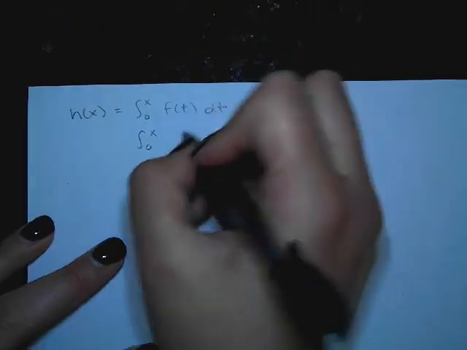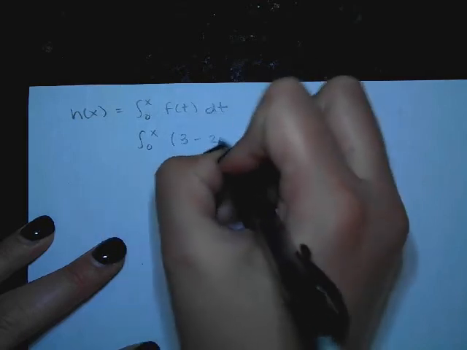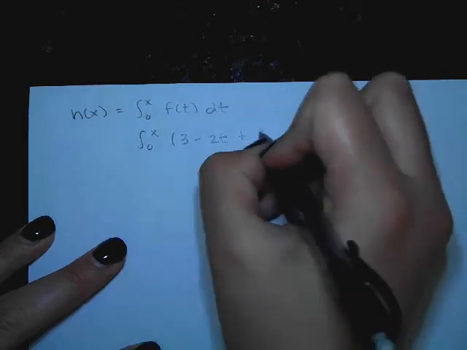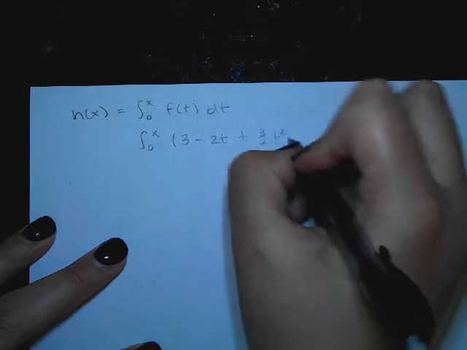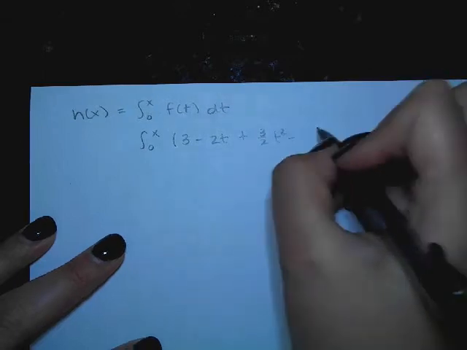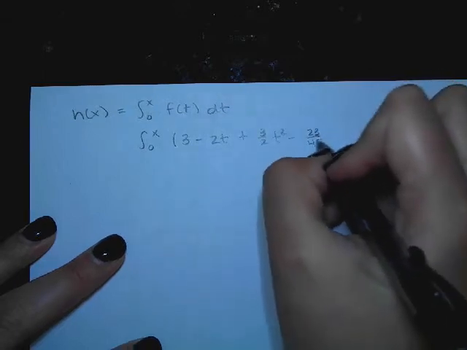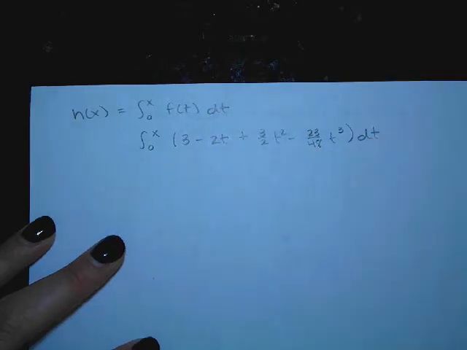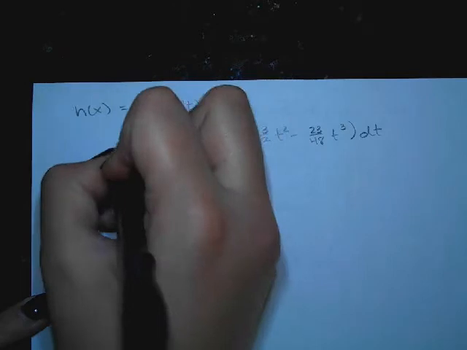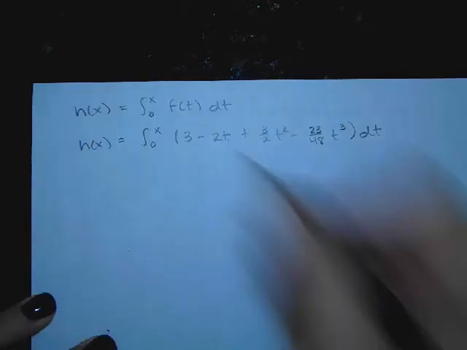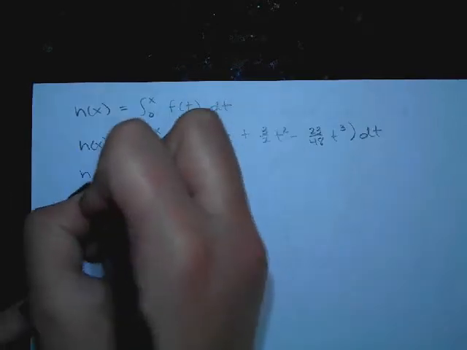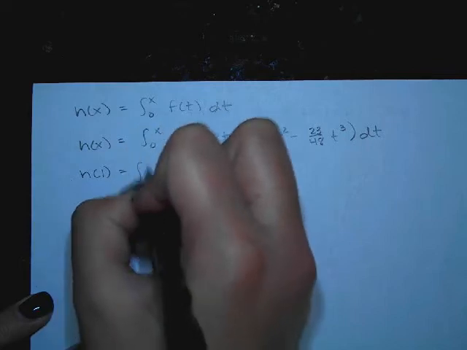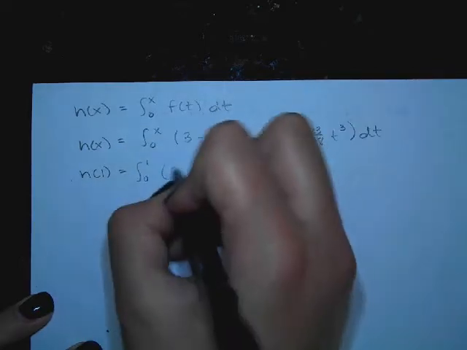So I had 3 minus 2t plus 3/2 t squared minus 23 over 48 t to the third. So that's what h of x is. And then if you want h of 1, you're just doing the integral from 0 to 1 of that.